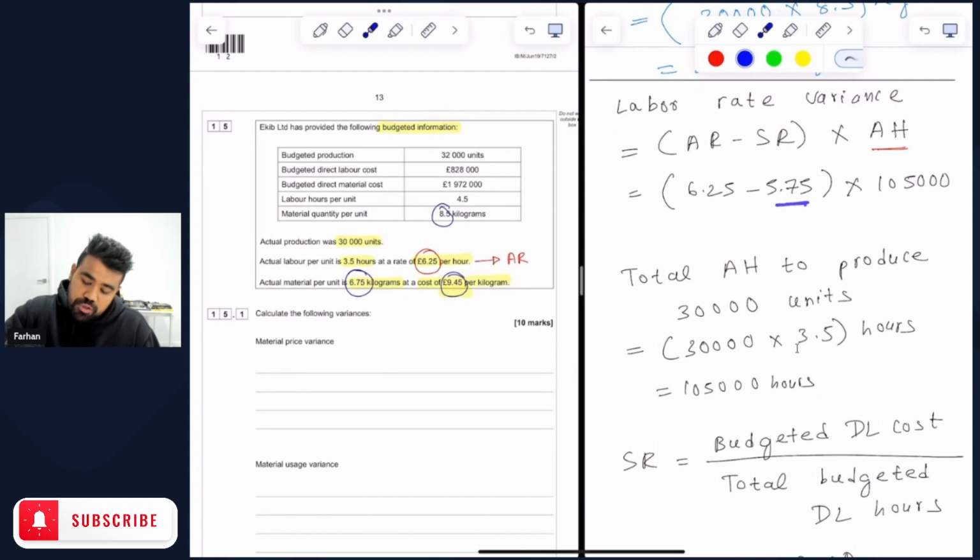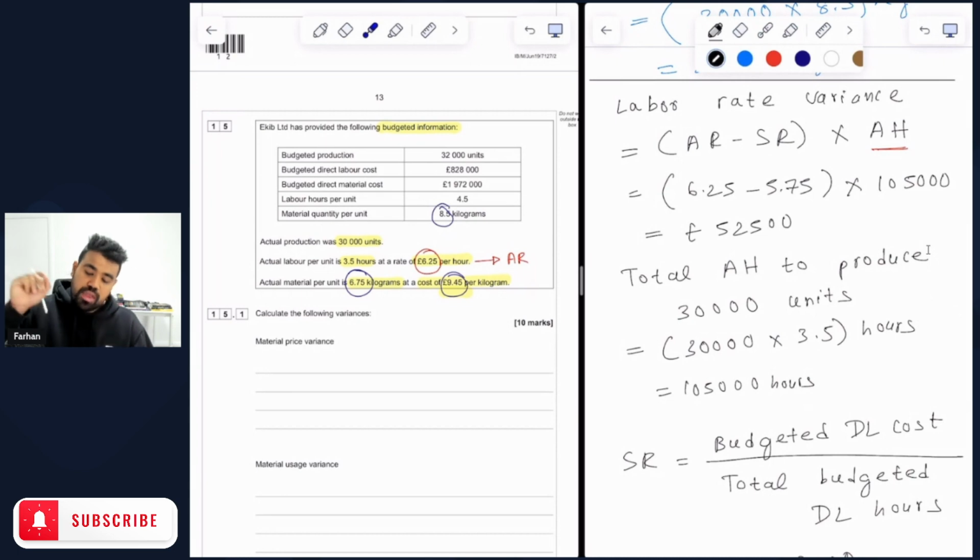And then we have the total actual hours. So when it comes to finding the total actual hours, we are thinking in terms of the hours needed to produce the 30,000 units that we have sold or produced actually, as given in the first line here, and that is 105,000 hours. So let's calculate this labor rate variance now. So you should get 52,500 pounds.